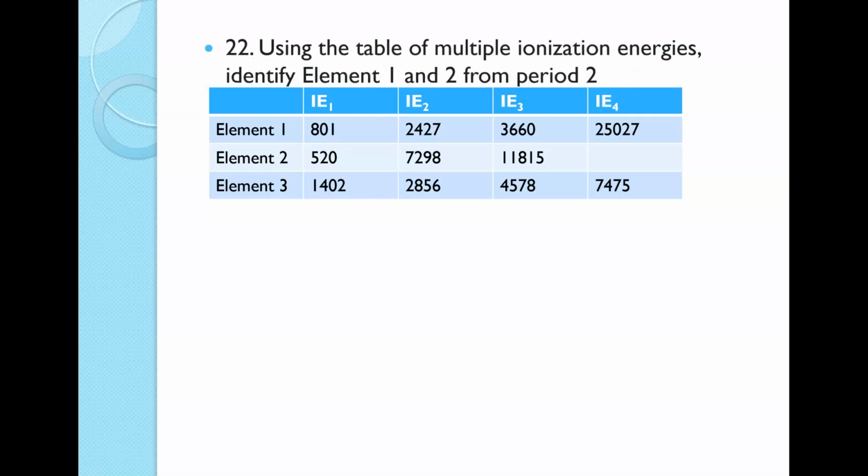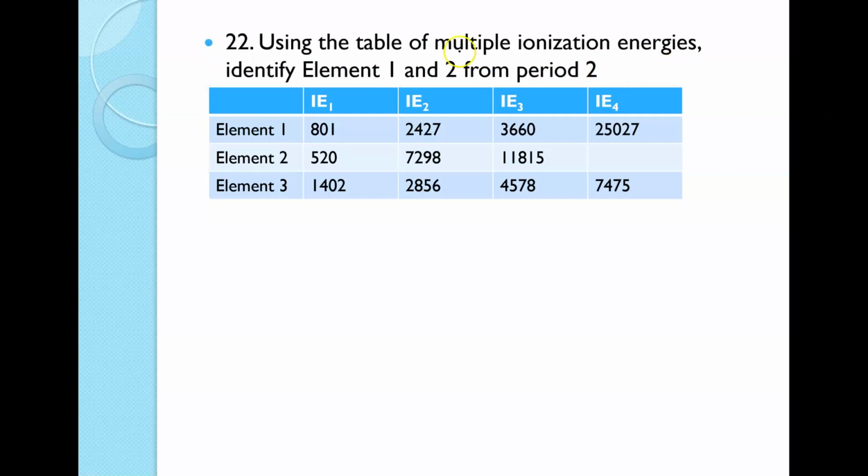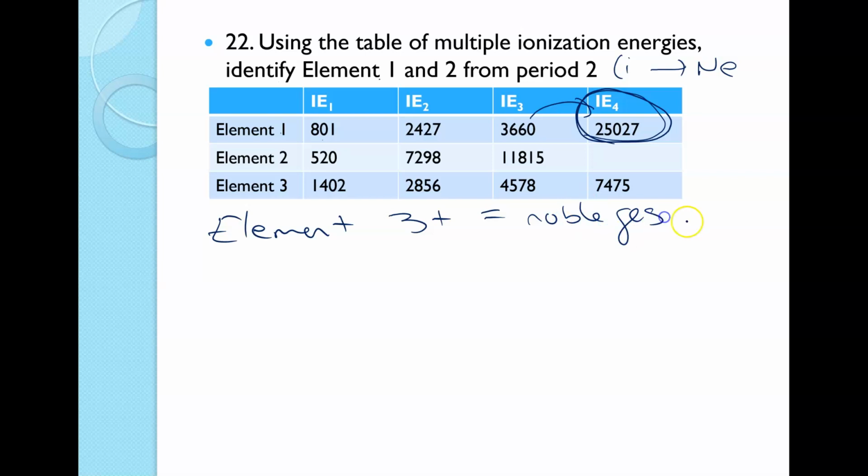Now using the table of multiple ionization energies, you want to identify element 1 and element 2 from period 2. That means anywhere from lithium to neon. Element 1 is increasing every time, but I see it jumps right here. That's a huge increase, 8 times as much. What that tells me is that element 1, when it has a 3+ charge, is a noble gas configuration.